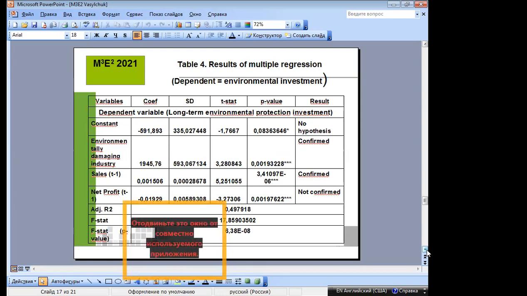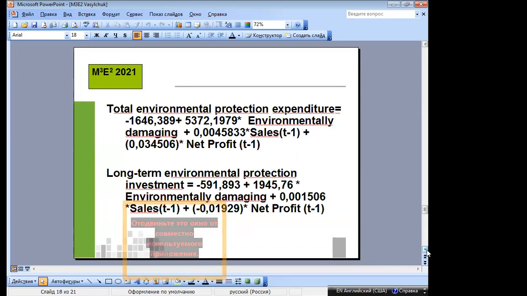This result can be explained by the low volume of capital investment in environmental protection, the chronic unprofitability of companies, and the financing of current expenditure mainly by revenue. Based on the calculation, we can derive a model of multiple regression with weight coefficients. You can see on slide 18.